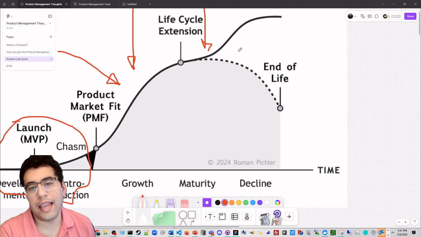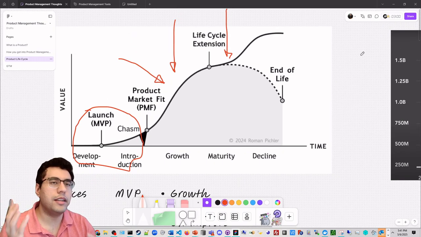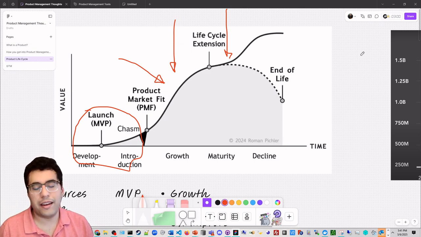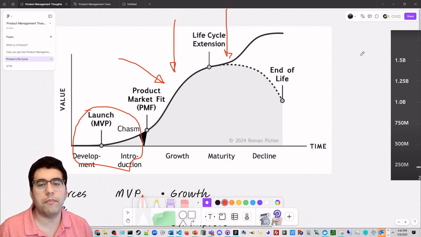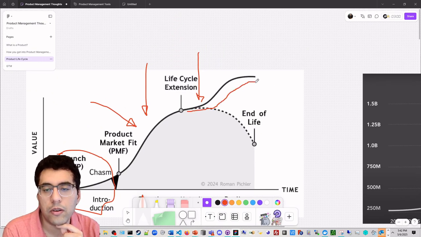And in the maturity phase, usually you're going to have a director of product management, senior product managers, and then product managers within a team that are all doing competitive analysis and managing the product and doing PRDs and making improvements. And what they're trying to really do is extend that life cycle for the product.